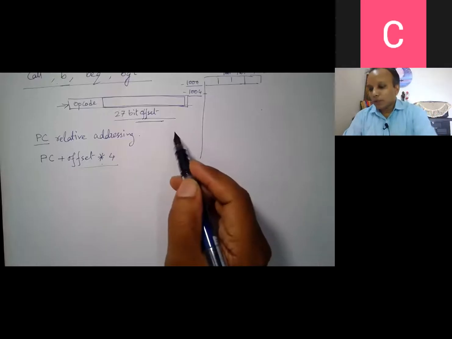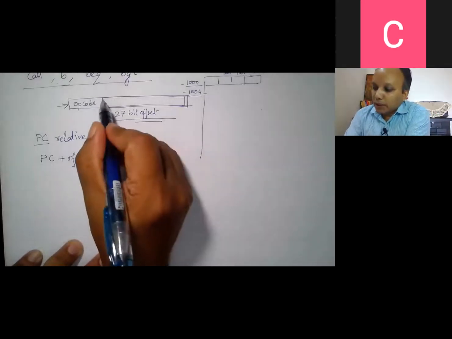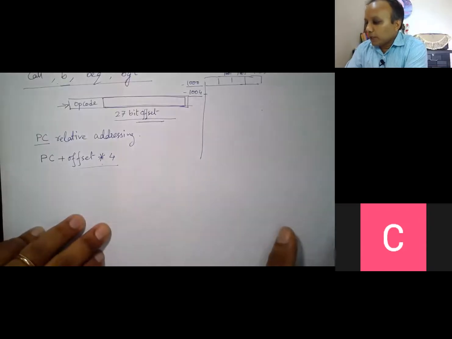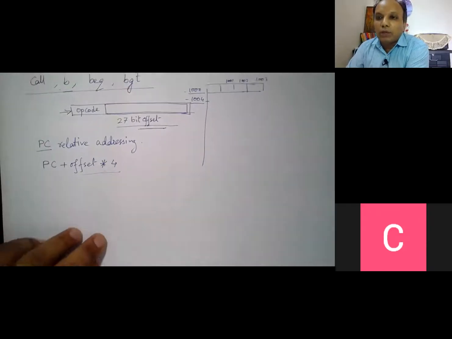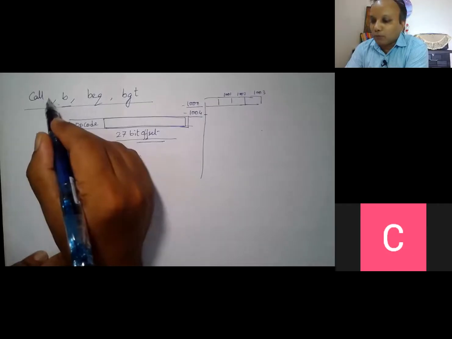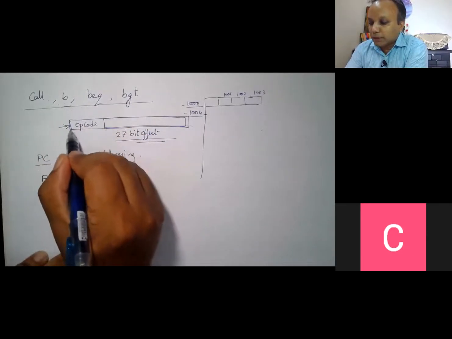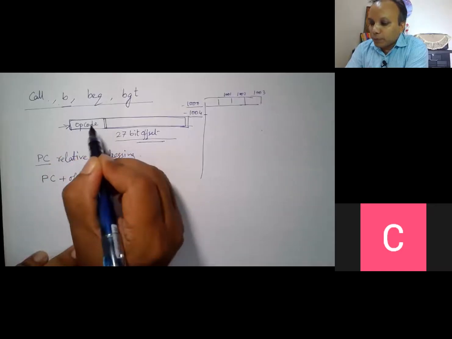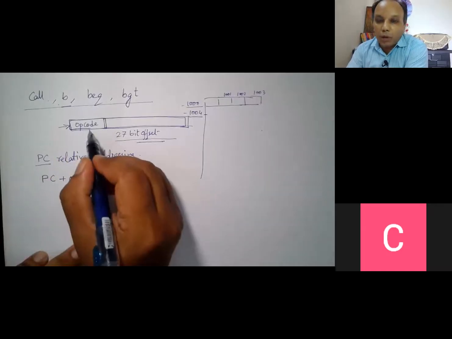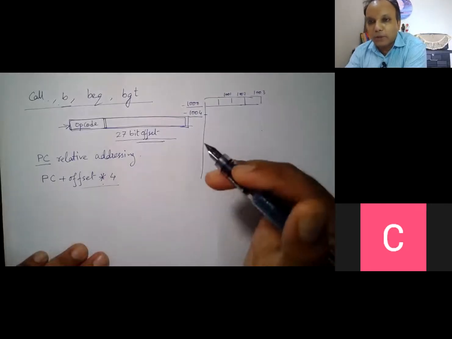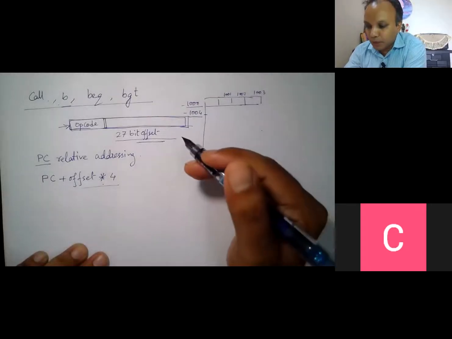Oh, okay. So what I'm saying is that these instructions, call, etc., will indicate where you need to get the next instruction from. Because for call and branch instructions, you read the opcode, you realize that you have to now update your PC to get the next instruction from a different location other than PC + 4.